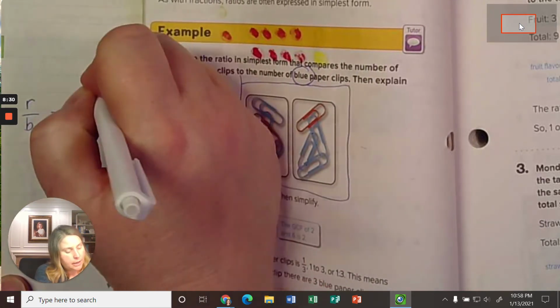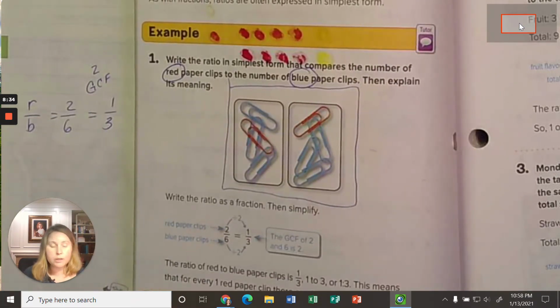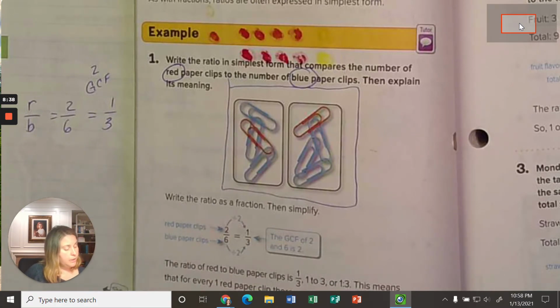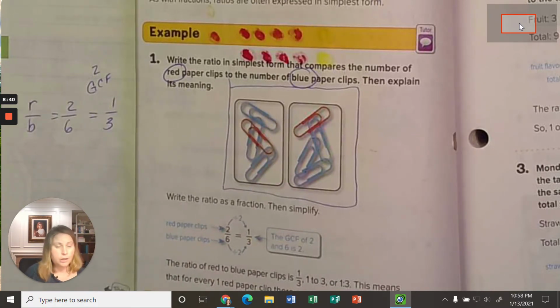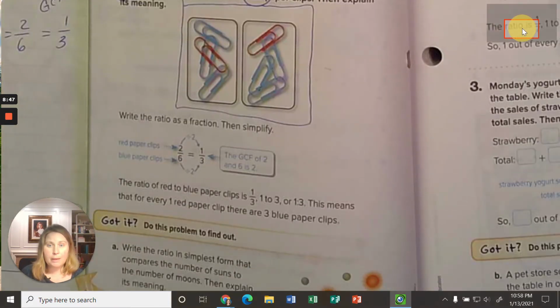My GCF is 2. So I divide by 2 to get the simplified ratio. Okay, so this tells us that for every 1 red paper clip, I'm just going to scroll down a little bit. So for every 1 red paper clip, there are 3 blue paper clips.